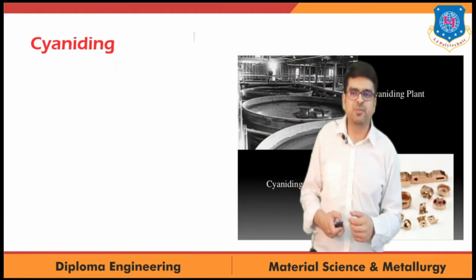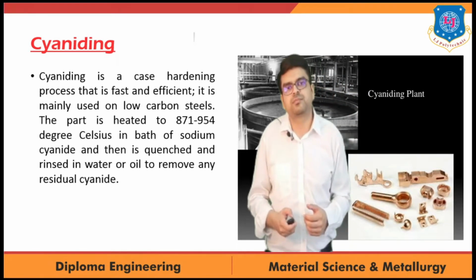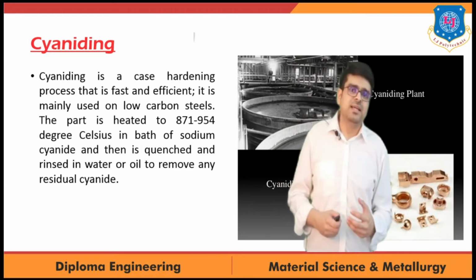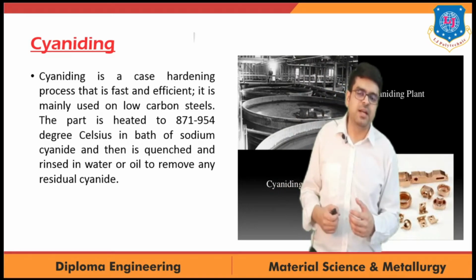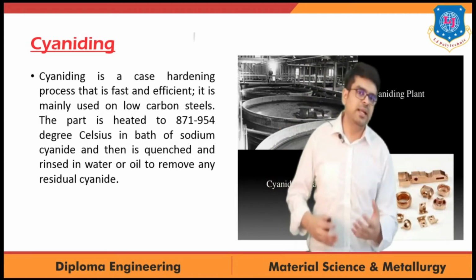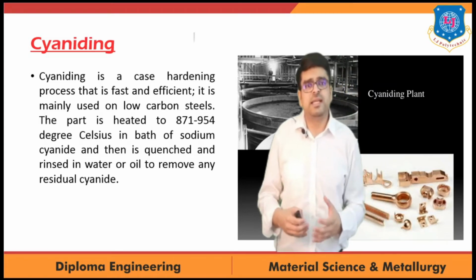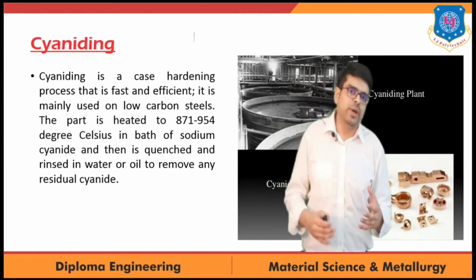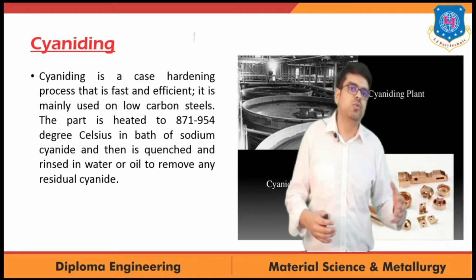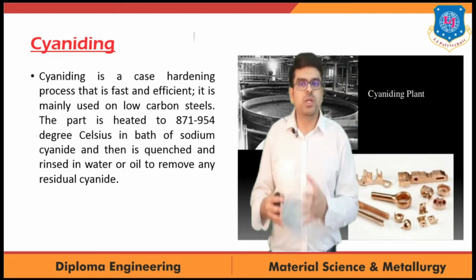Now the next process is the cyaniding process. Cyaniding is a case hardening process that is fast and efficient. It is mainly used on low carbon steel. The part is heated up to 871 to 954 degrees Celsius in a bath of sodium cyanide.